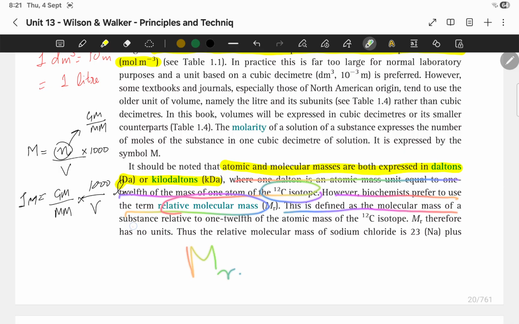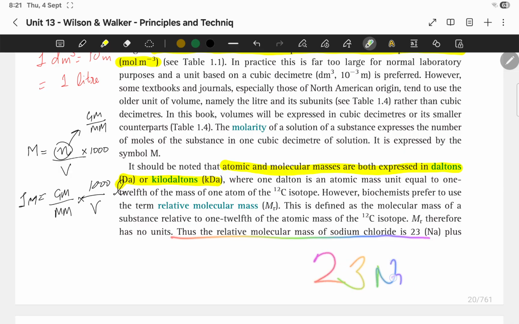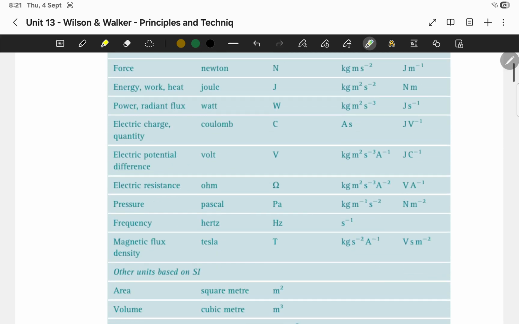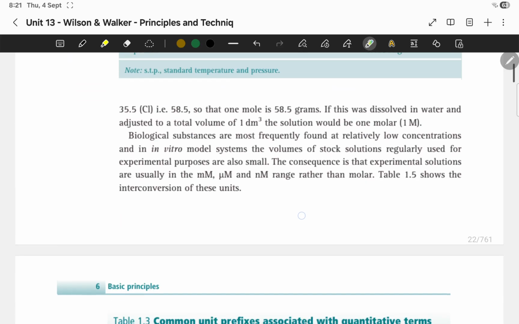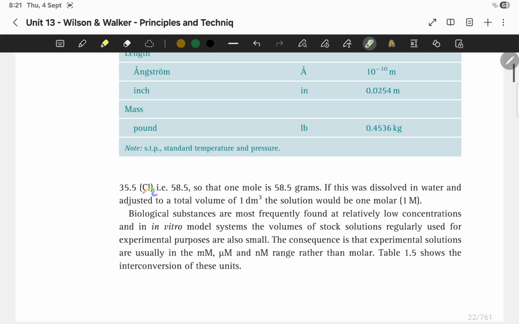It is defined as the ratio of the molecular mass of the substance to 1/12 of the atomic mass of the carbon-12 isotope. Mr therefore has no units. Thus, the relative molecular mass of sodium chloride is 23 for sodium plus 35.5 for chlorine. It's 58.5. So that is 1 mole.